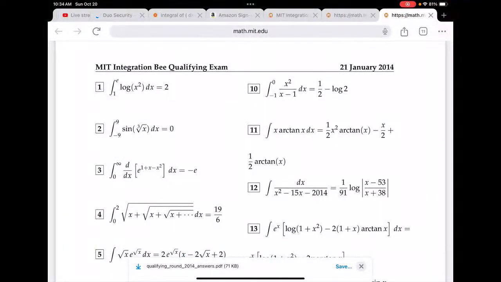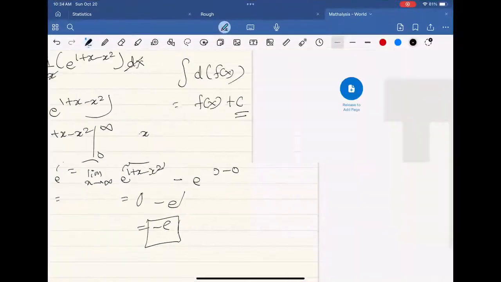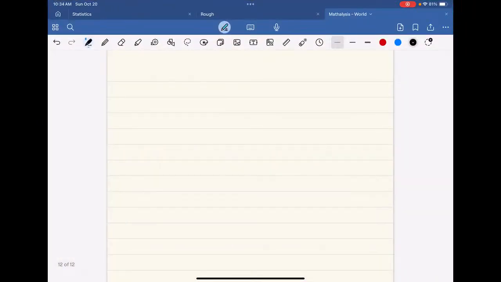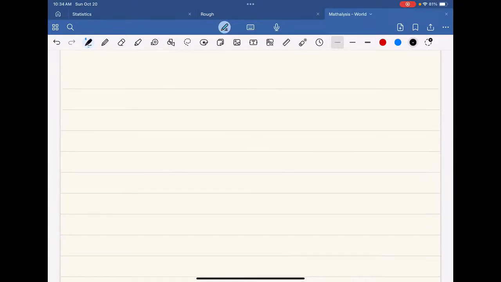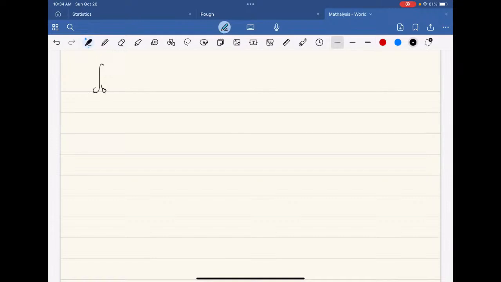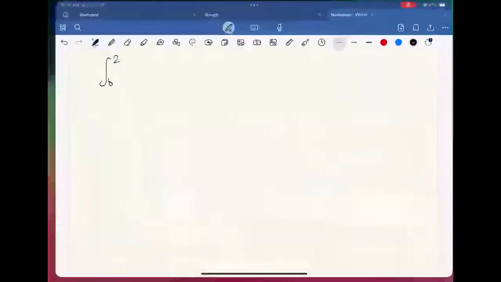Next one: the integral from 0 to 2 of the square root of x plus square root of x plus square root of x and so on.